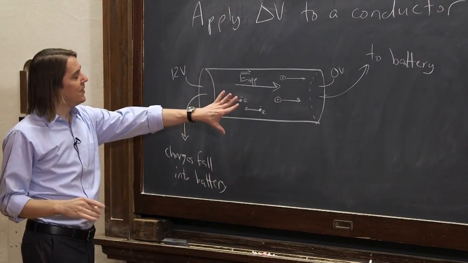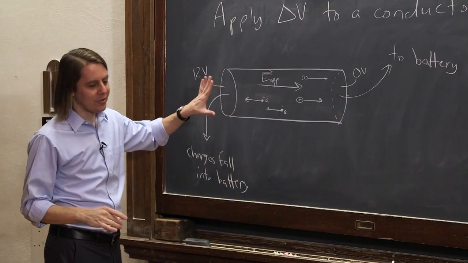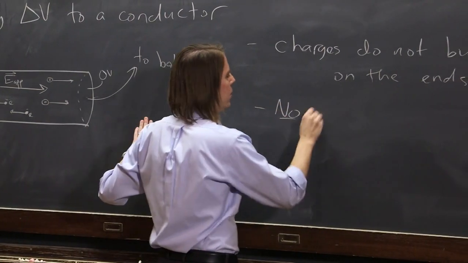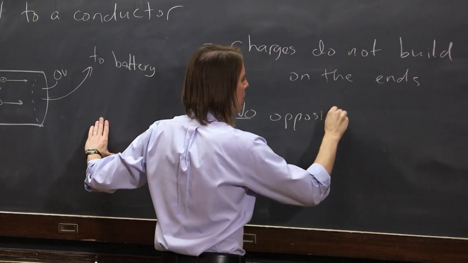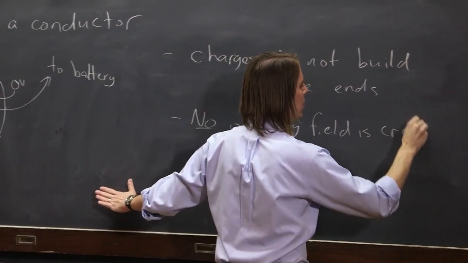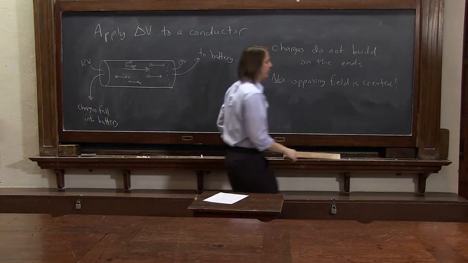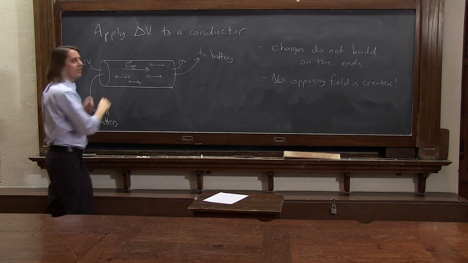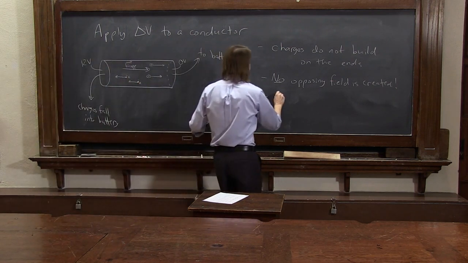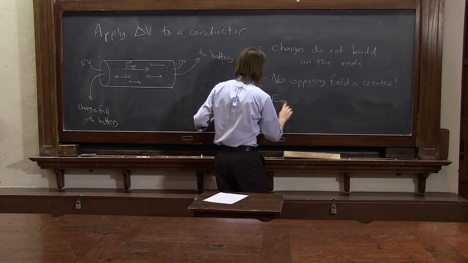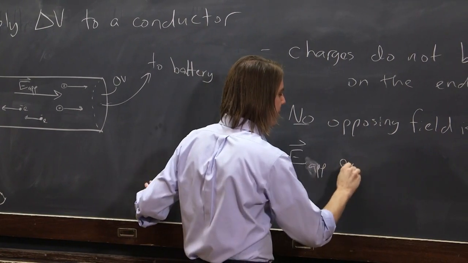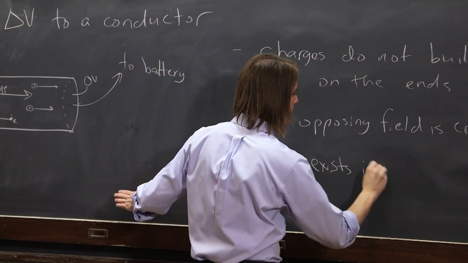So if the charges can't build up on the surfaces, no opposing field is created. There's nothing to make things want to stop. They just keep going. No opposing field is created. E applied exists inside the metal.